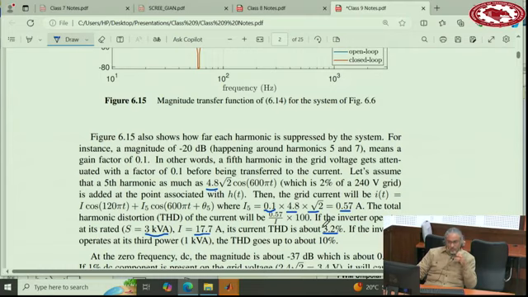Now if you go to lower power, let's say the converter is operating at 1 kilowatt, the THD becomes 10%. So a tiny amount of harmonic in the voltage, 2%, can generate a huge amount of distortion on the current.